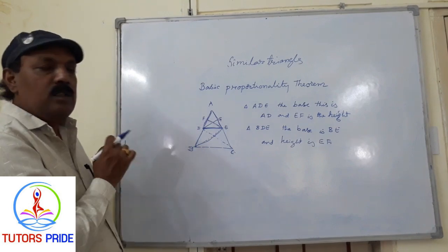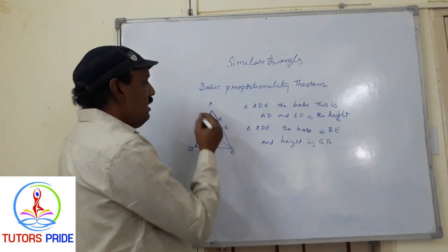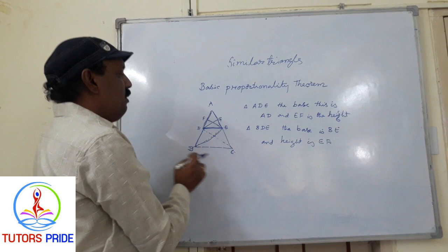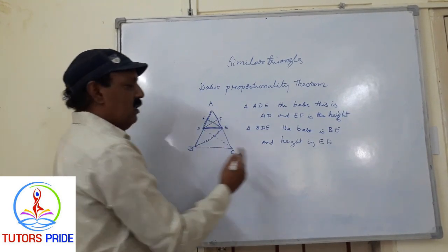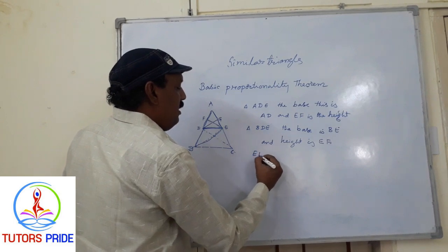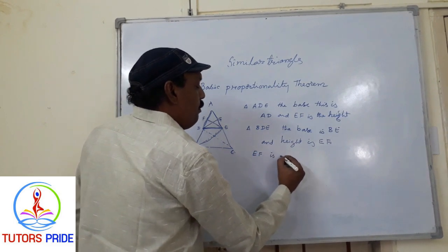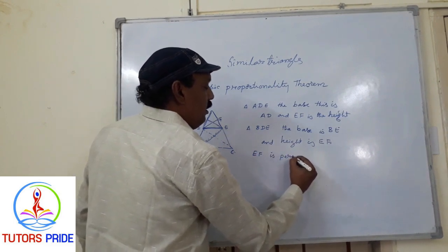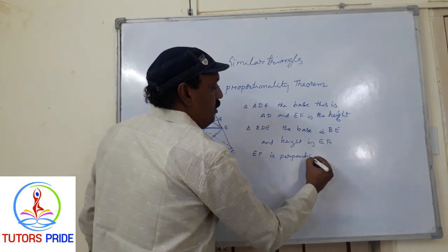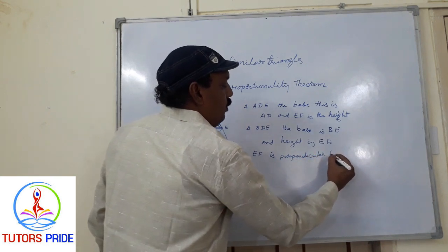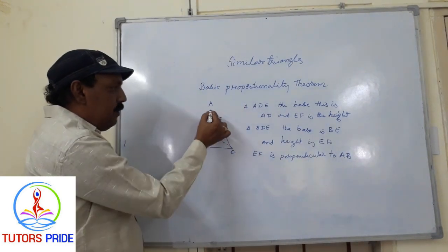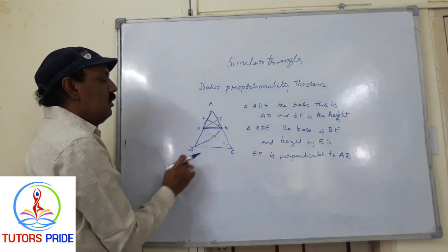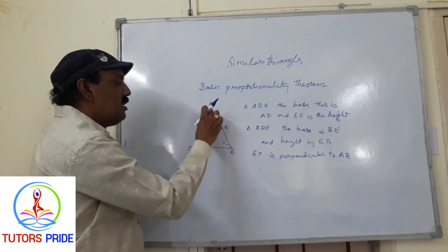That is the main concept you have to understand. What is said initially is that EF is perpendicular to AB. The line EF is perpendicular to the total full line AB, not just AD.